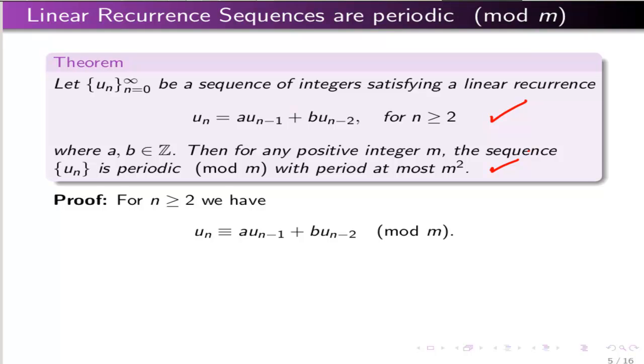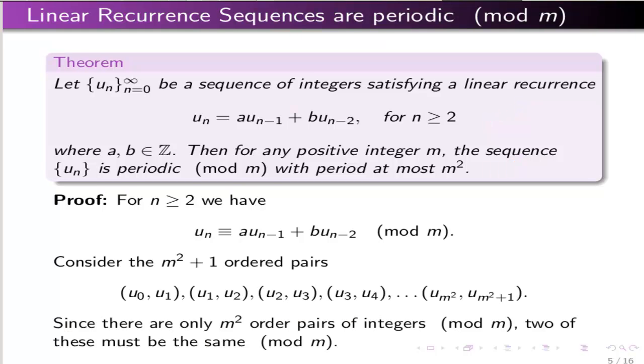So let's see if we can prove this. Okay, so for any n greater than or equal to 2, we've got that un is congruent to a un minus 1 plus b un minus 2 mod m. So what I'm going to do is consider the m squared plus 1 ordered pairs u0, u1, u1, u2, u2, u3, so all consecutive pairs of numbers in the sequence.